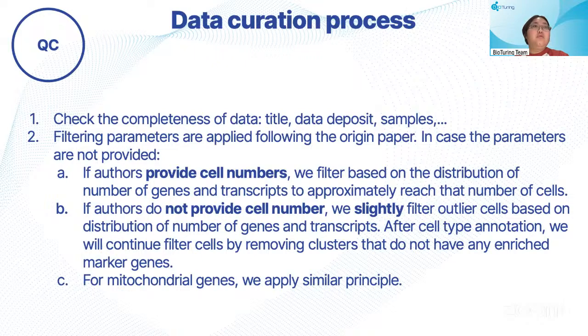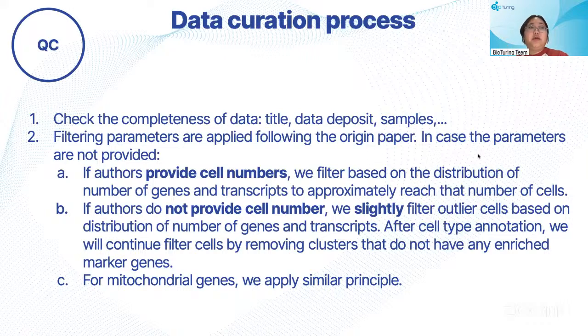The second thing we will do within the second round of quality control is to check the filtering parameters. So we check to see whether the filtering parameters are applied correctly or not. Usually, let's say 90% of the time, the filtering parameters are applied following the original paper. In the paper, under the methods part, usually there will be the QC parameters of each data set, and we will apply the same.